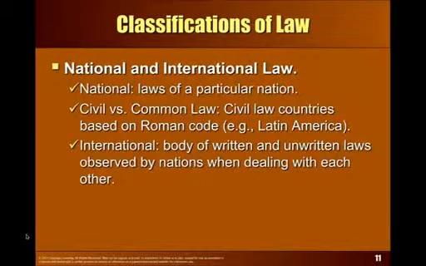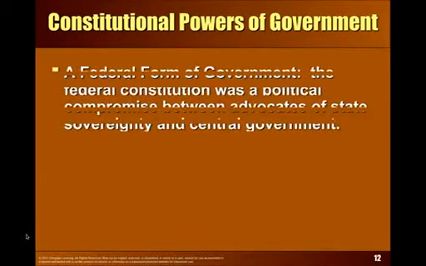What kind of country do you know of that uses a common law system? And yes, us, right? So remember, common law is case law. The civil law system is more like code, like statute. Like somebody does something, you open the book, see if you can find it in there. But other than that, that's pretty much it for classifications.